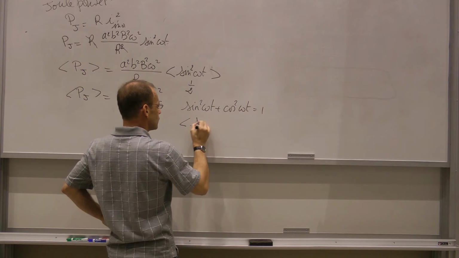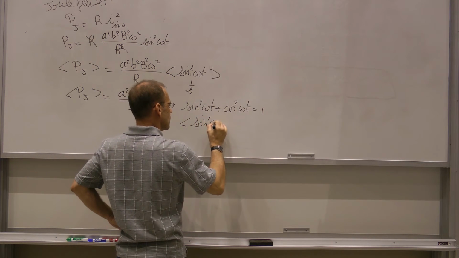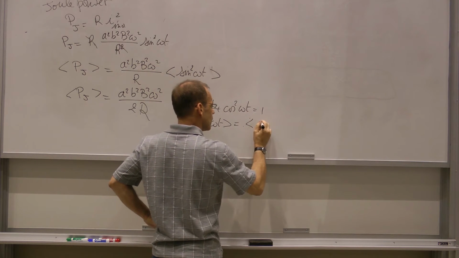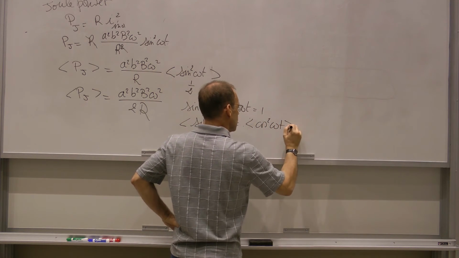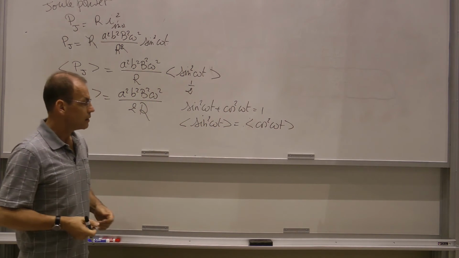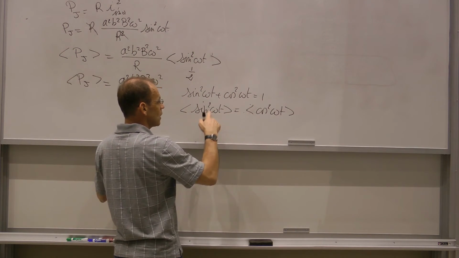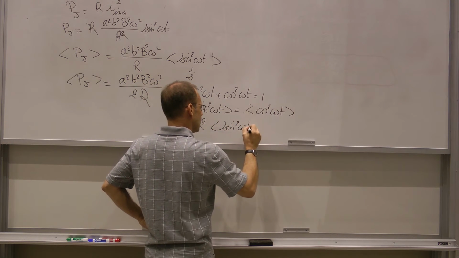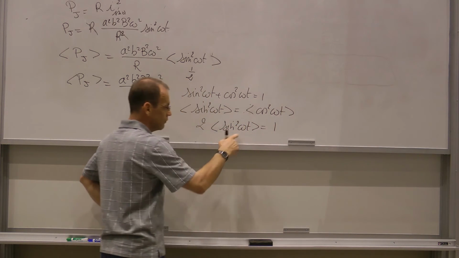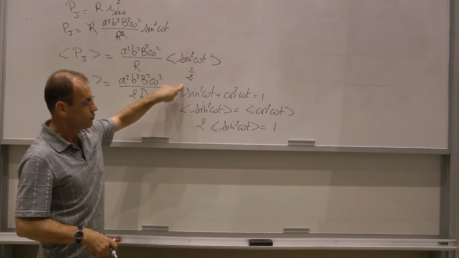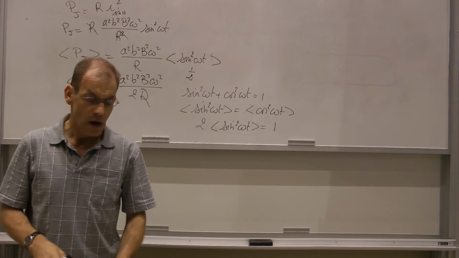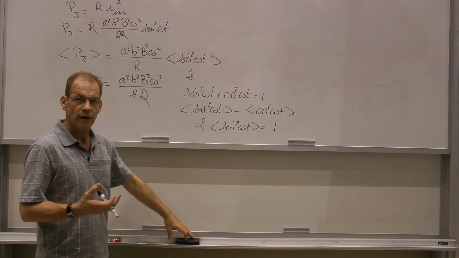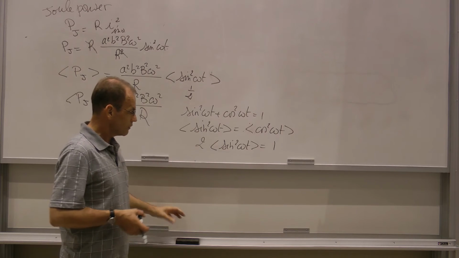So in other words, the average of sine squared omega t is going to be equal to the average of cosine squared omega t when you take it over one period. Well, if they're equal to each other, you're left with 2 times the average of sine squared omega t equal to 1, which gives an average of sine squared omega t equals 1/2. This is a little trick, easy, or you can go back to the full calculation based on the mathematics to calculate an average of a function, and you'll land on that as well.